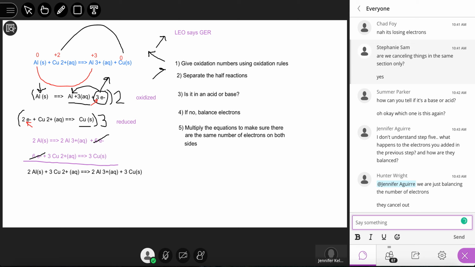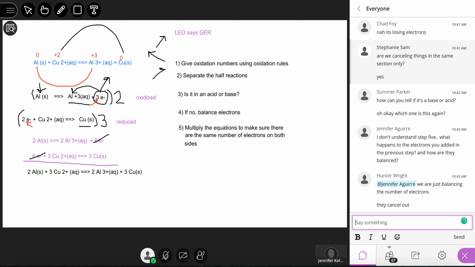If they're not the same number of electrons, what I'm saying is aluminum lost 3 electrons, 2 of the electrons were given to copper, and 1 was obliterated. That doesn't actually happen. So if I have 3 that are given away, 3 must be gained by something else, right?